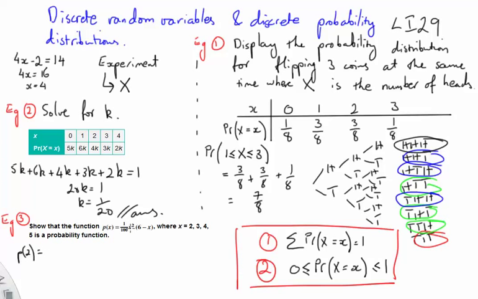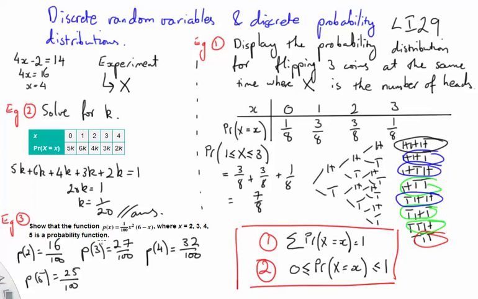Well, 2 squared is 4, so that's 4 on 100 times 4, that's 16 on 100. Do this the long way, please. I really want to restrict myself to one page here. P of 3 is 9 on 100 times 3, which is 27 on 100. P of 4 is 32 on 100. P of 5 equals 25 on 100.